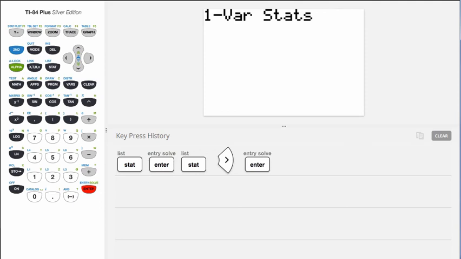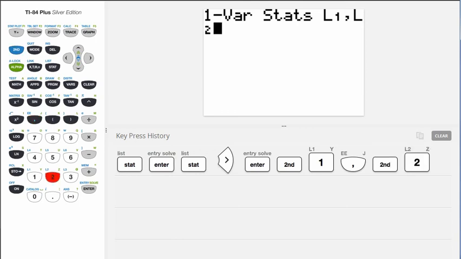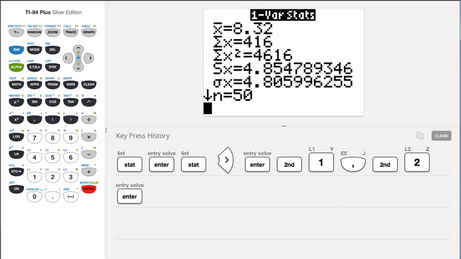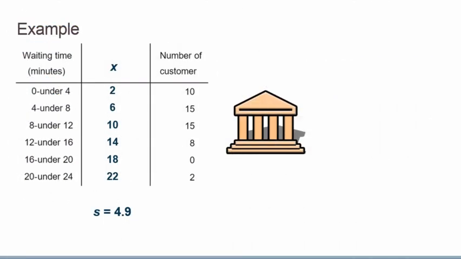So we want to type in L1, which is second, 1. We want to use the comma, which is above your 7. Second, 2, which is L2. So we have to tell it what two columns to look in. Then when we press enter, we get the same standard deviation of 4.854789346. And rounding it to one decimal place, we should get 4.9.